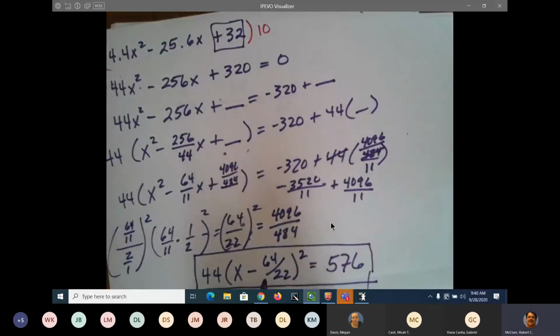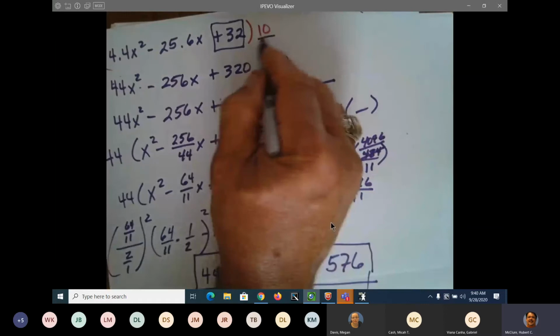Okay. Now we've already got our vertex. We've got to divide by 10. That's only going to affect this one and this one. So if I divide by 10, that's going to give me 4.4x squared minus blah, blah, blah is equal to 57.6 because I multiplied by 10 here.